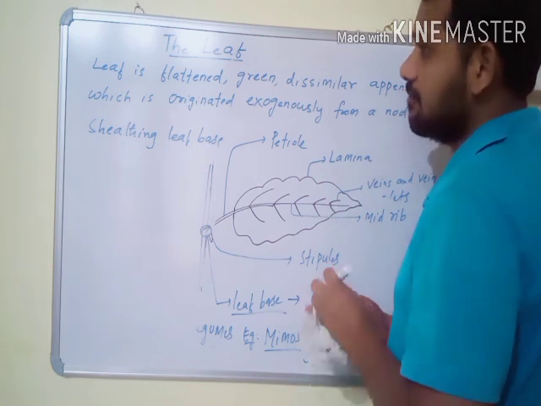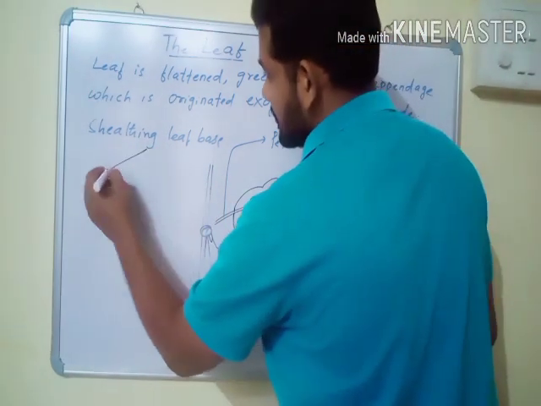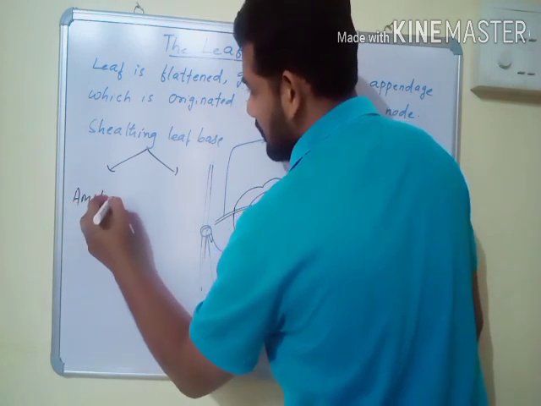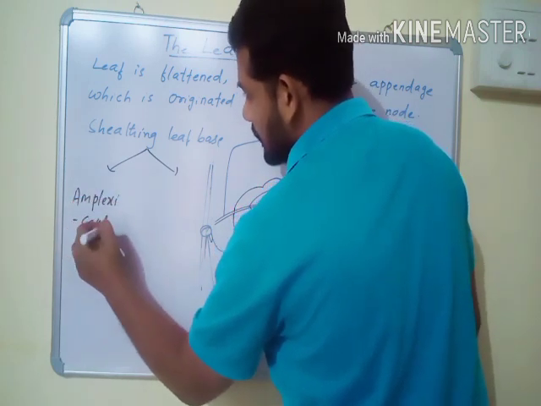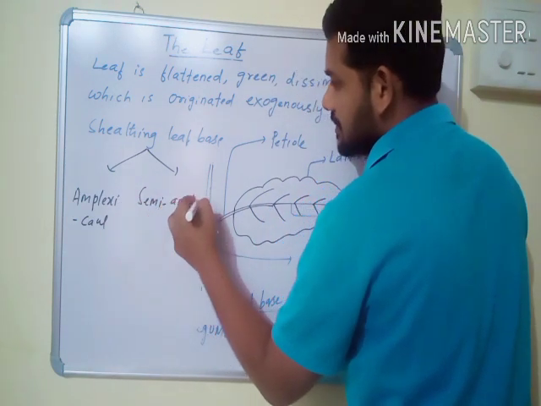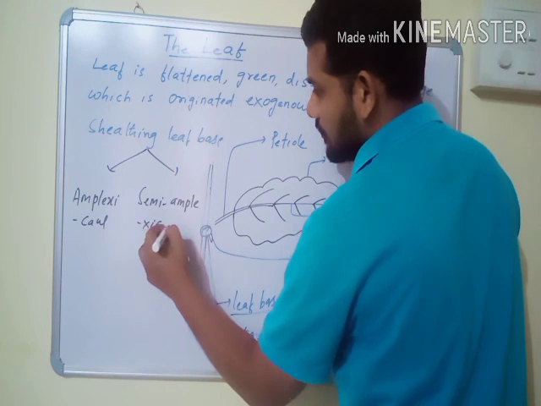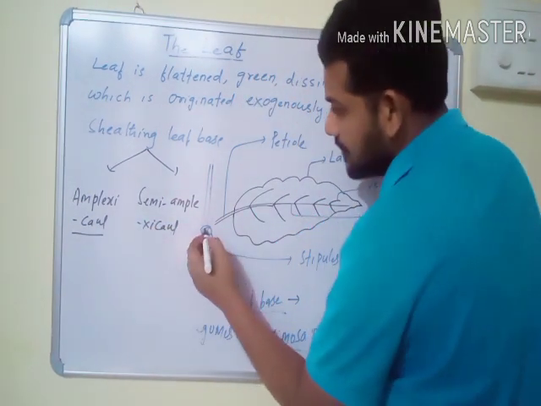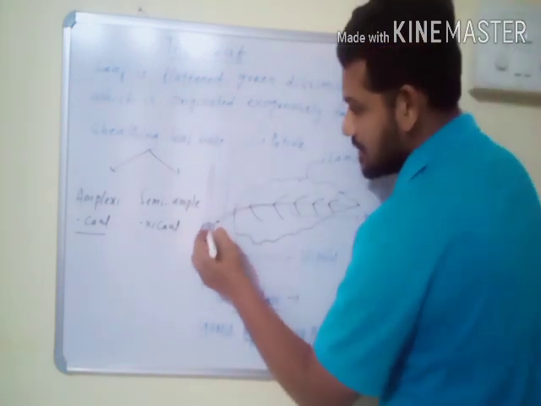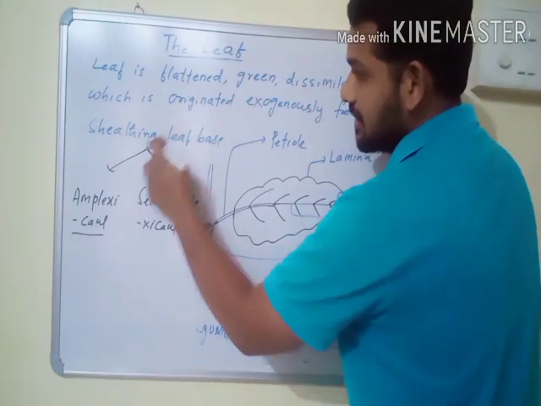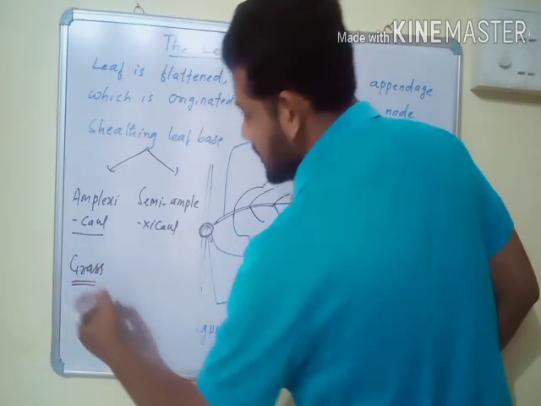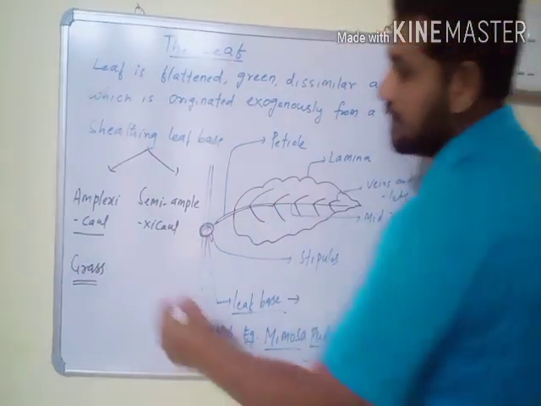A sheathing leaf base is again of two types. In some cases, it is called amplexicaul, or in some cases, the sheathing leaf base is called semi-amplexicaul. Amplexicaul means if the leaf base completely encloses the stem, then the sheathing leaf base is called amplexicaul. Amplexicaul type of leaf base is usually present in some of the grasses.